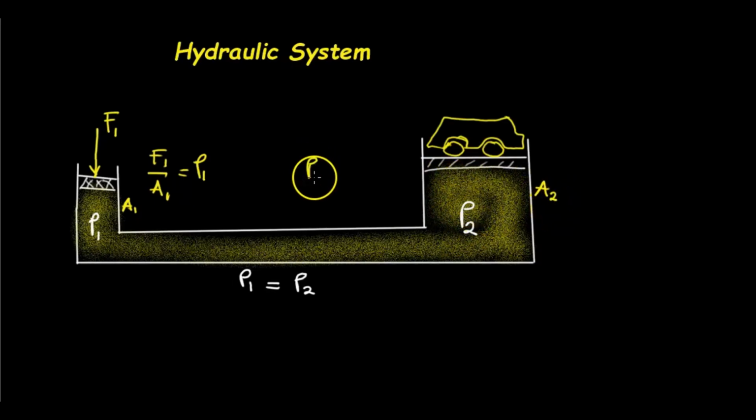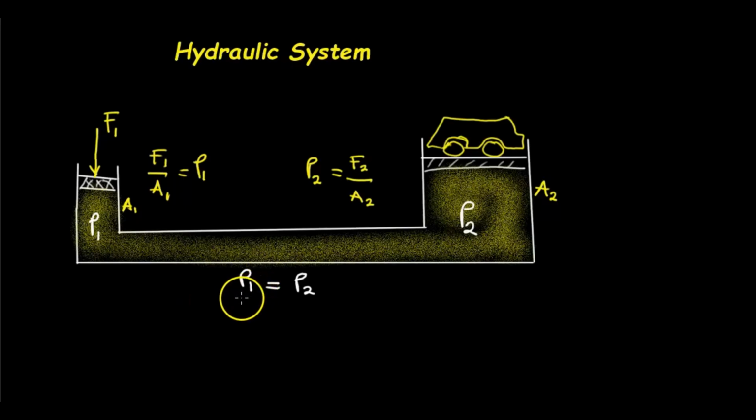The pressure as obtained in the second region is equal to the force divided by area, but we don't know this force. That is what we are yet to determine. But Pascal says that the pressure here and the pressure here are equal. So let's see how we find the force at the output end.